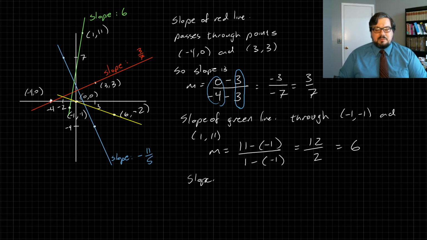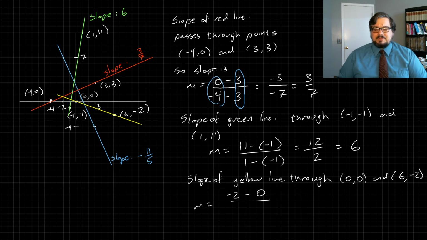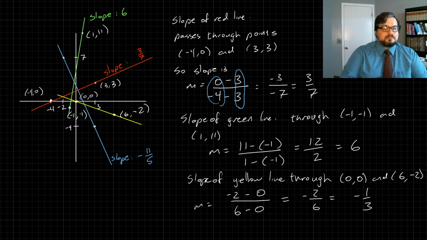It's the slope of the yellow line, which goes through 0, 0 and 6, -2. We'll take the difference of the y values, -2 minus 0, and the difference in the x values, 6 minus 0, to get -2 over 6, which is -1/3. And so we have a slope of -1/3.